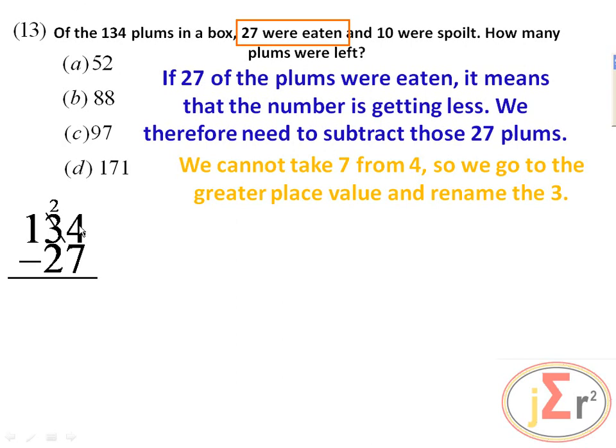So 10 plus 4 is equal to 14. But instead of writing 14 separately, we have to make use of the space that we have there. So the 1 is written somewhat smaller in order that we can accommodate it. But what we really mean is that this is 14. Why is it 14? Because we remove 1 from the place value of greater significance. And that greater significance place value is 10 times the present place value.